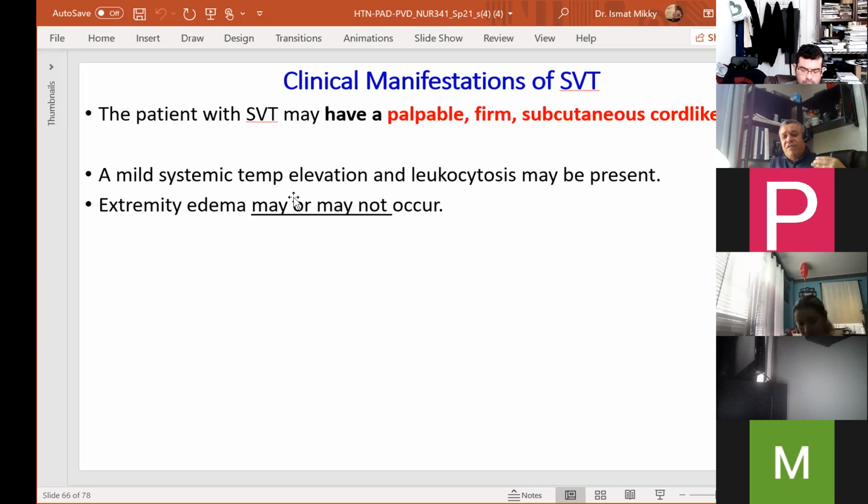In the superficial veins, a patient with SVT will have palpable, firm, subcutaneous cord-like veins, like a red line along the catheter, seen as a cord-like redness on the skin. The area is tender, reddened, and warm, because those are signs of the inflammatory response. Leukocytosis, the white cells elevate.